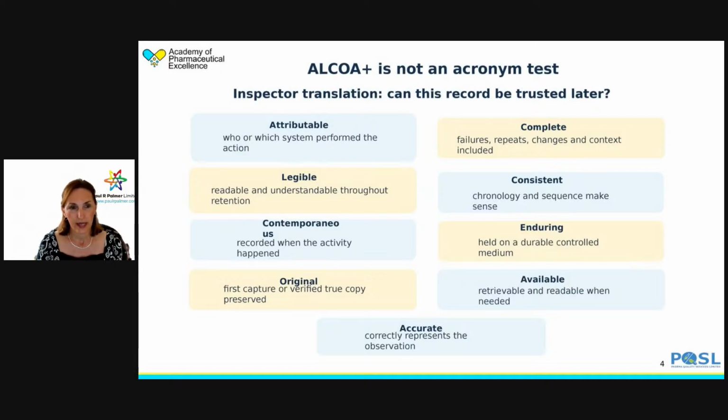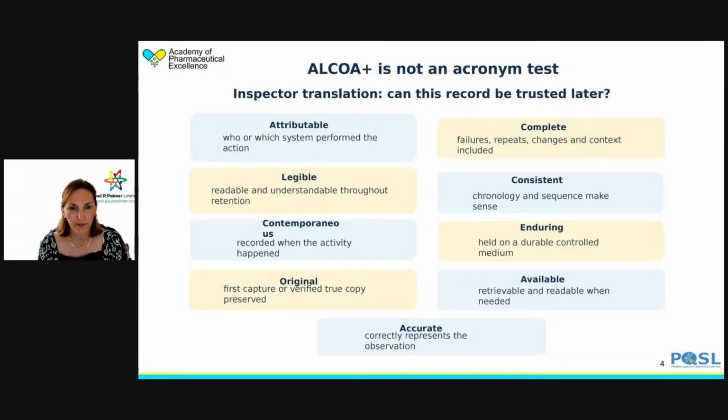And the plus element is just as important now. Complete means we retain the failures, the repeats, the invalidated results, the changes, and the context behind it, and not only the result that we ultimately report.